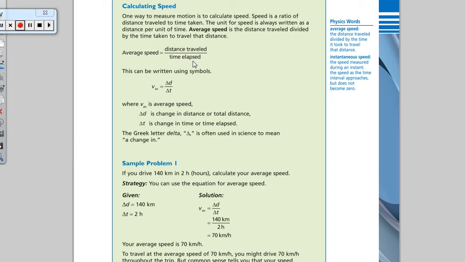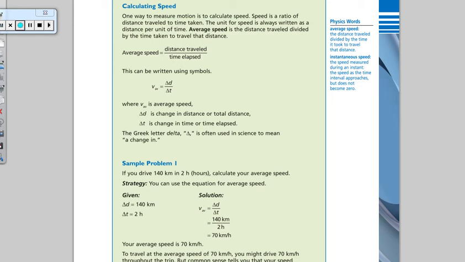Again, I call that process plug and chug. There's a few steps to it, but overall, remember, you're trying to figure out what you need to know. You need to know average speed or velocity, and what equation to use to find that. Velocity is distance divided by time. Find the missing variables, so in this case distance and time. Find the values of those two, write those down, plug them into the equation, and then do the math.